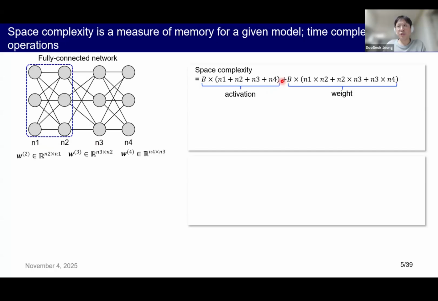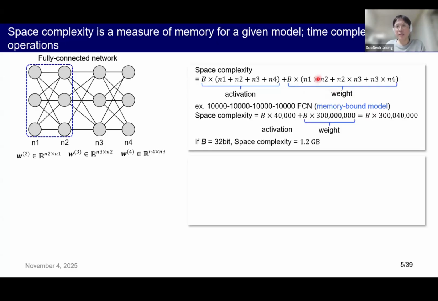But if you use brain float, BF16, with the same data format for weight and activation, let's say B is the size of a single data. We have a total of N1, N2, N3, and N4; you add them all up, and that's the space complexity for the activations. You also have to think about the space complexity for all the weights, but the weights have a complexity of N squared.